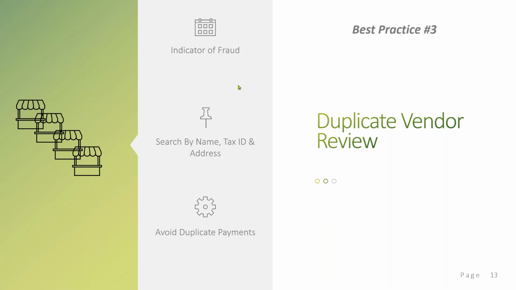Identify what that search process is, put it in a one-pager for your vendor team and for your internal team members trying to figure out if vendors already exist, because you want to prevent them from unnecessarily collecting or sending vendors instructions on how to register if they already exist. And the team, both internal and your vendor team, needs to know how to find those duplicate vendors if they exist.